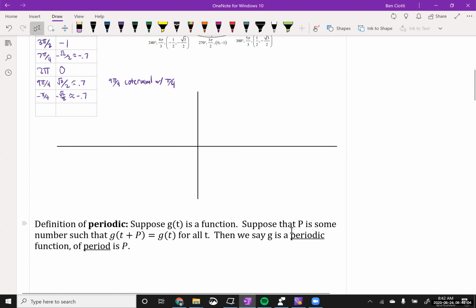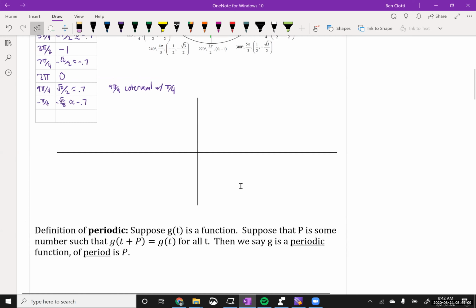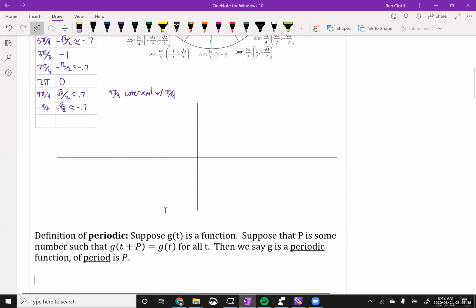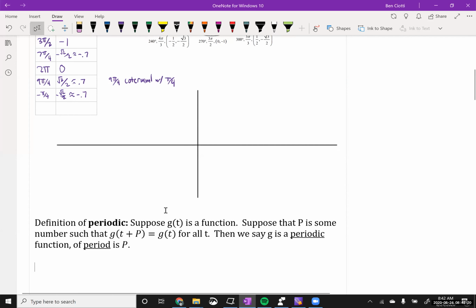Okay, so due to the fact that sine repeats itself after every 2 pi, that is after a complete rotation, here's a fact: sine of t is a periodic function of period 2 pi. So I'm going to use that to help me draw the graph.